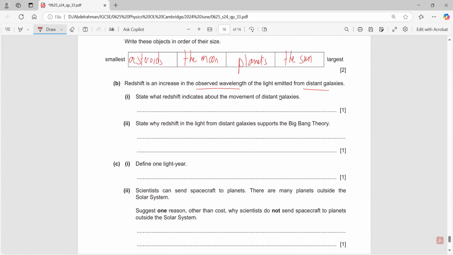Basically, the wavelength of the light emitted by the very distant galaxies is a bit longer. So what does this indicate? Okay, we got to the conclusion that the universe is expanding. What does this indicate about these galaxies? That they are moving away.